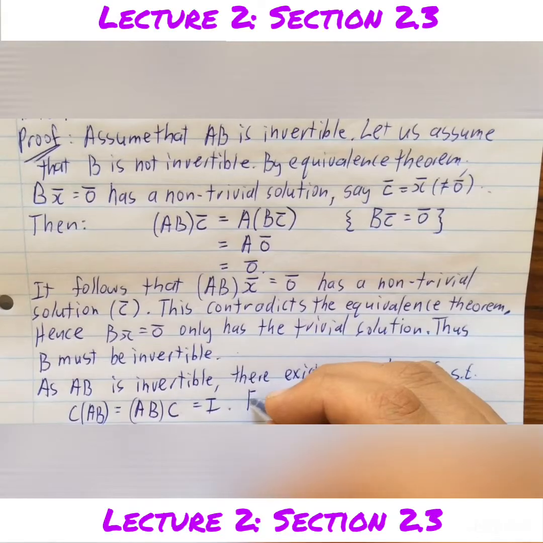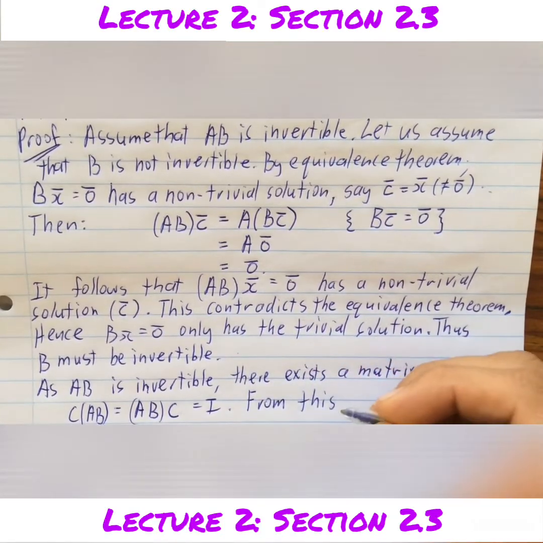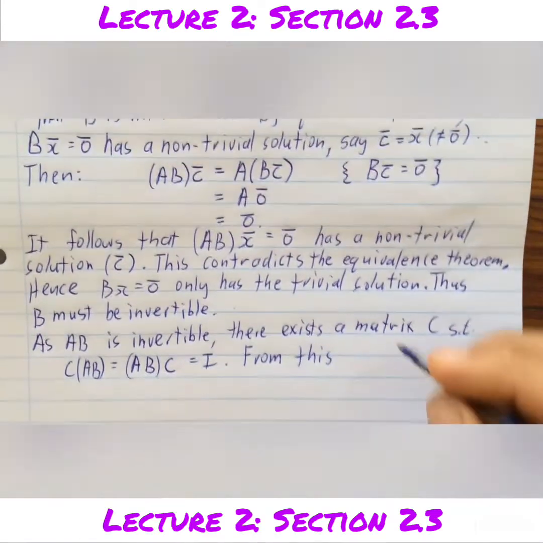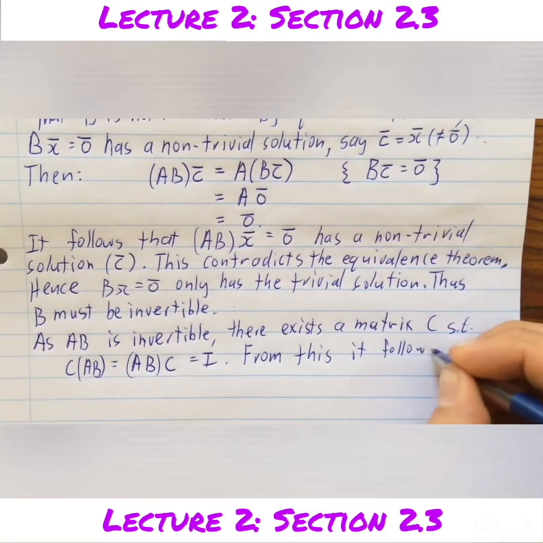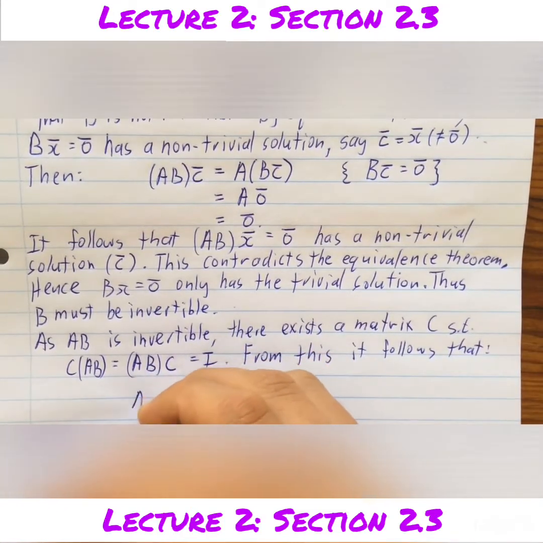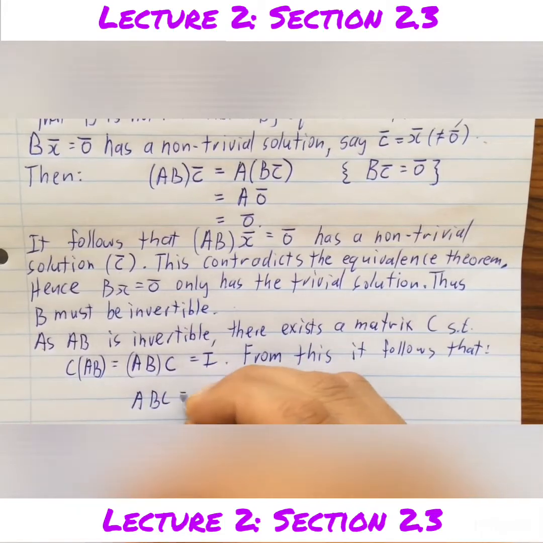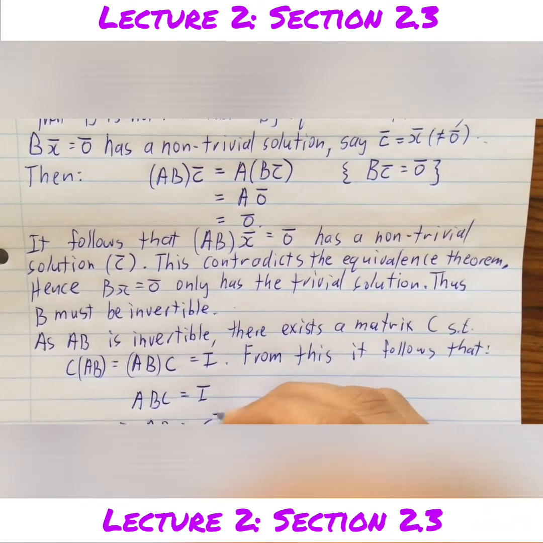From this equation, it follows that A times B times C is the identity matrix, which is going to imply that A times B is C's inverse.